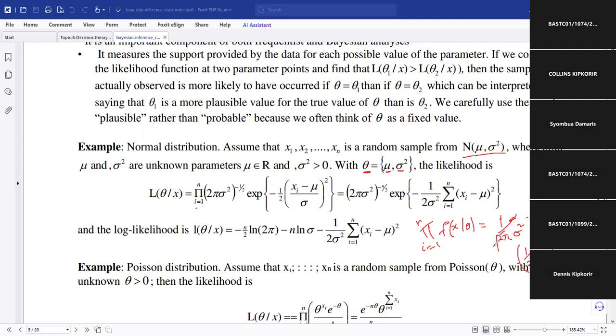So we are raising this to power n, which is the same as raising to power negative n over 2, because writing the square root as raised to power a half is what brings us to this point. Then the exponential of negative 1 over 2 sigma squared has been factored out, because it is a product, so I sum over the observations, xi minus mu, and we square that.